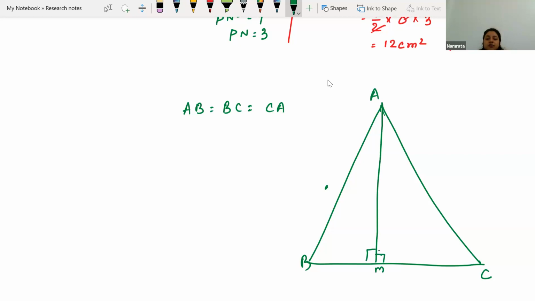If we have to prove triangle ABM, have you done the chapter triangles? Yes, ma'am. So if we take triangle ABM and triangle ACM, AB over here and AC over here are both the same since it's an equilateral triangle.